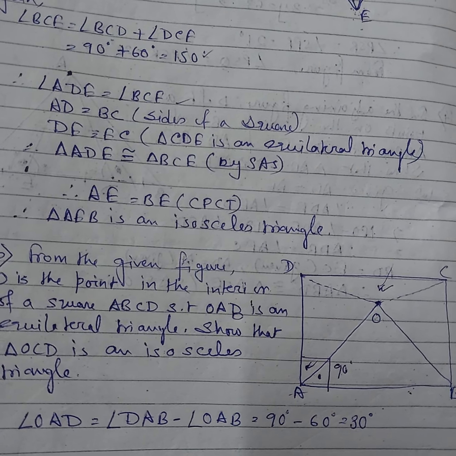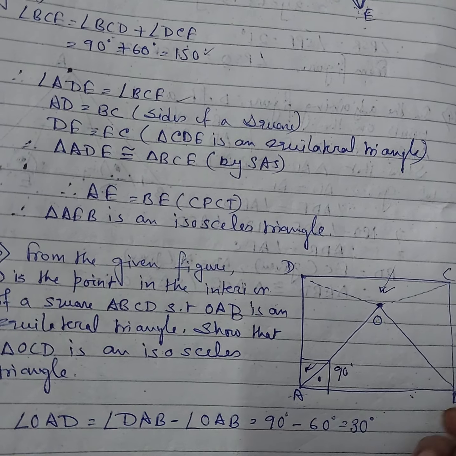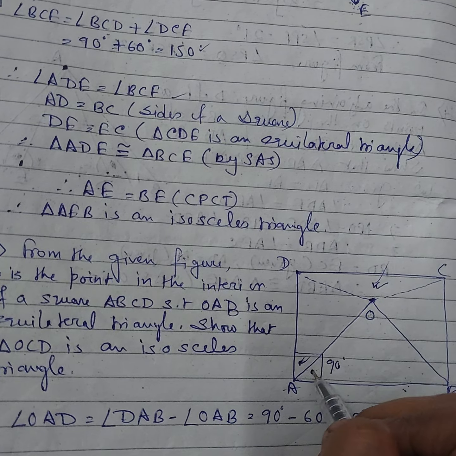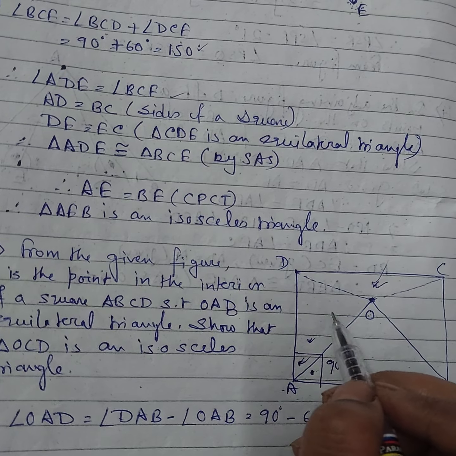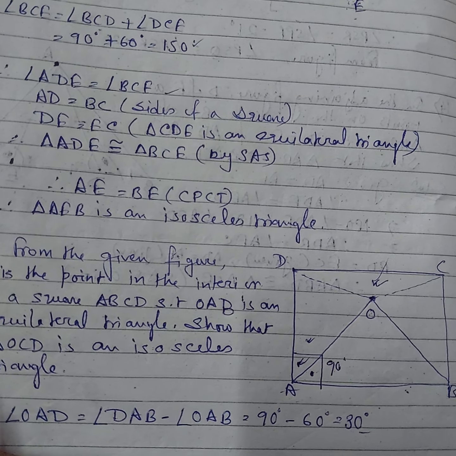Since OAB is an equilateral triangle, if we subtract 60 from this 90, we will get the measurement of this angle, that is OAD, which will be 30 degrees.